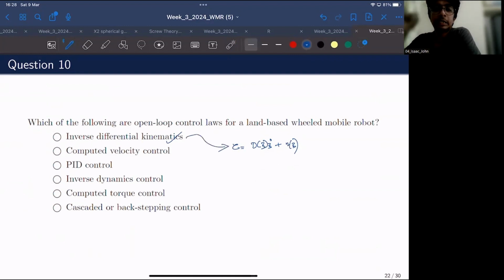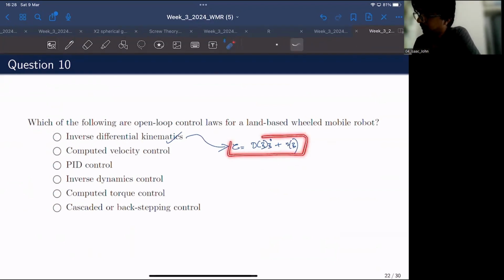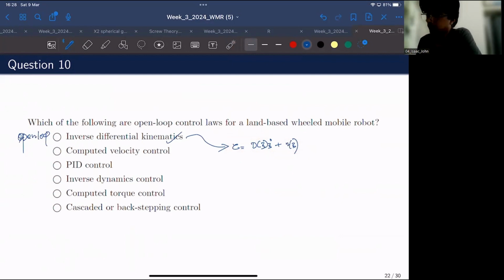And are there any feedback terms in inverse dynamics? There are no feedback terms that are coming from the sensor. So that makes this open loop. Inverse dynamics is open loop. And what about computed velocity control? I'll straight away write this control law because we have derived this one or two times during this session.